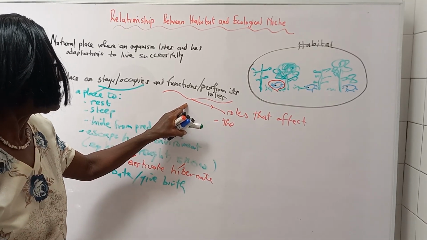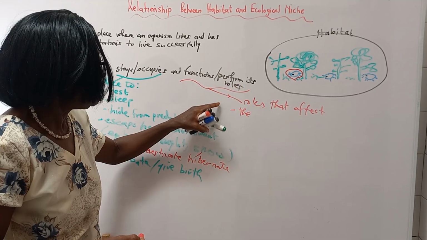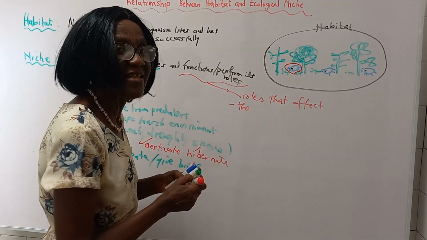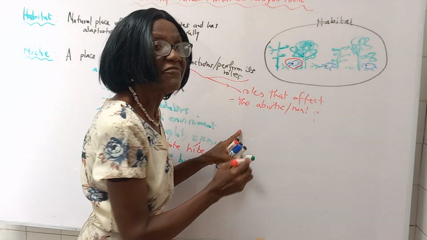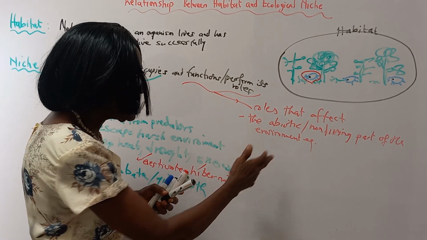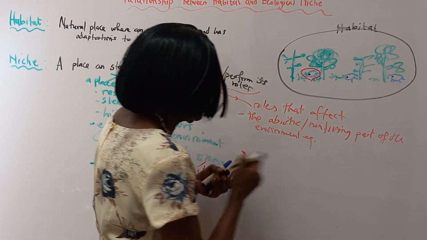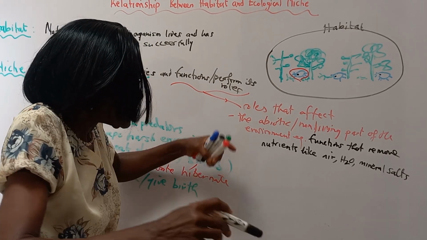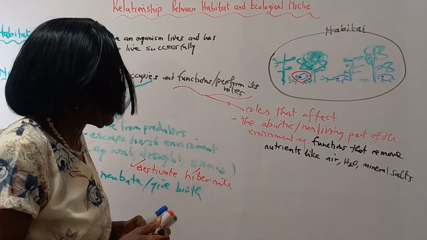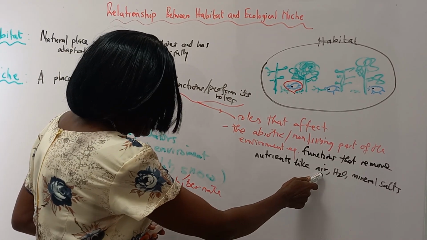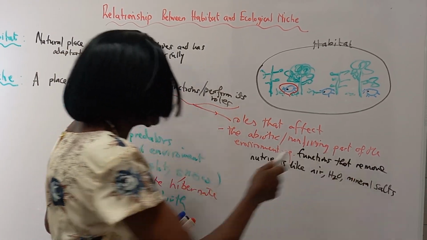The functions or roles that organisms perform, some affect the abiotic or non-living part of the environment. For instance, functions that take up nutrients like air, water, mineral salts, organisms remove them from the environment. Or functions that put in nutrients like the air, water, mineral salts.